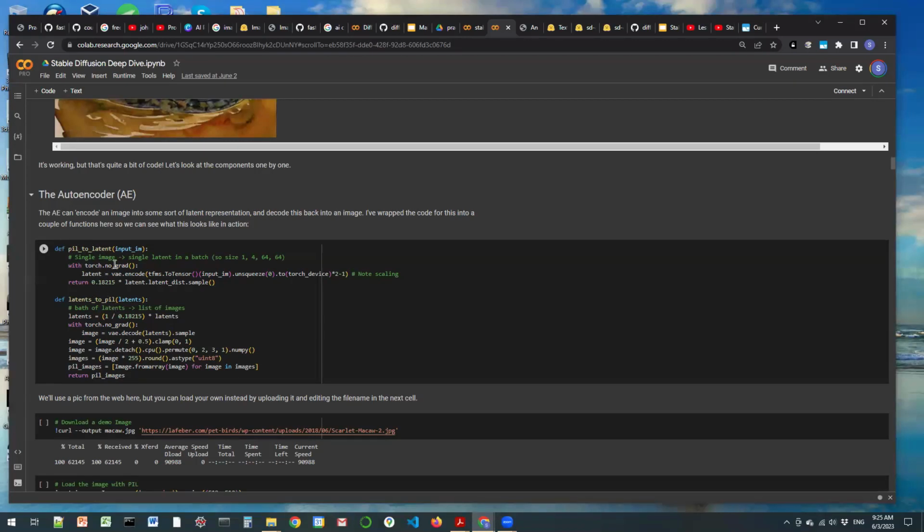So pillow to latent, no grad, latent, is where what I was referring to applies, and what you said applies, which is you encode, you transform the image, you unsqueeze it to generate this leading one, and then I don't quite understand why he does this multiply by 2, subtract 1, but bottom line, you're encoding and scaling.